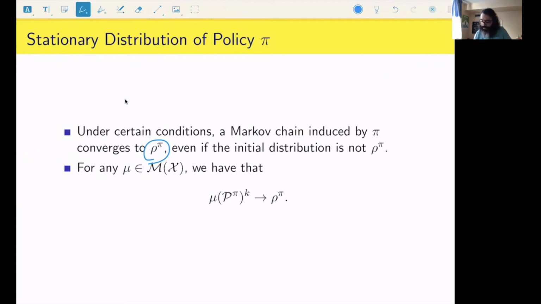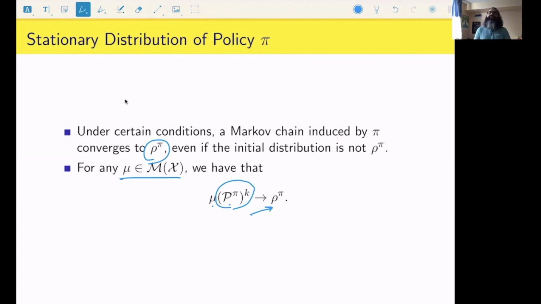So for example, for any distribution mu, if we start from mu and follow pi for k steps, which is shown here by P pi to the power of k, in matrix form, that converges in a certain sense to rho pi.